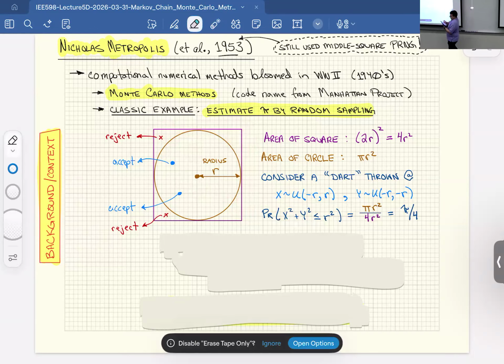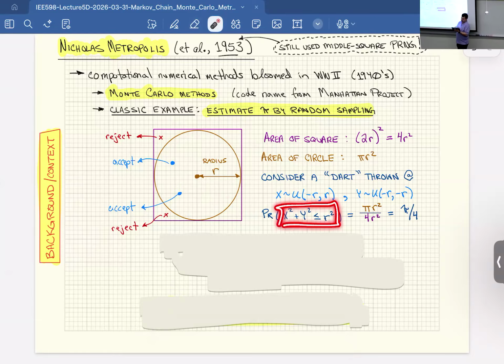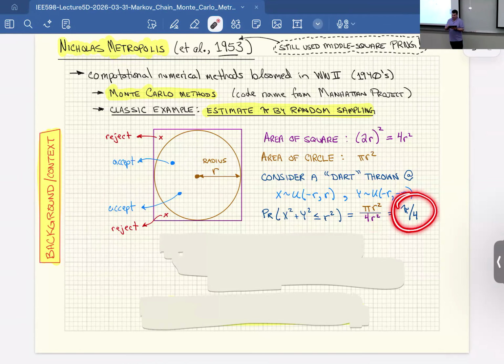That's the event here: the probability that x squared plus y squared is less than or equal to r squared. That defines inside a circle. So the probability of this thing landing inside the circle is just the ratio of the two areas, pi r squared divided by 4r squared, which is pi over 4. So the probability of hitting the circle is an expression that involves pi.